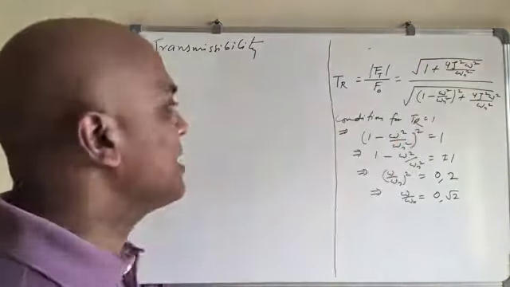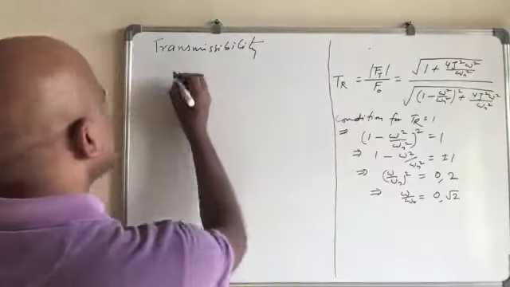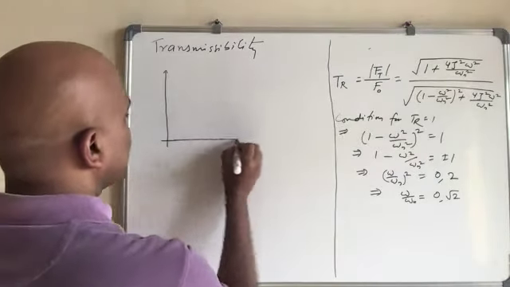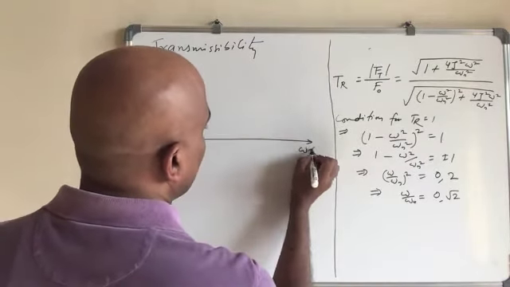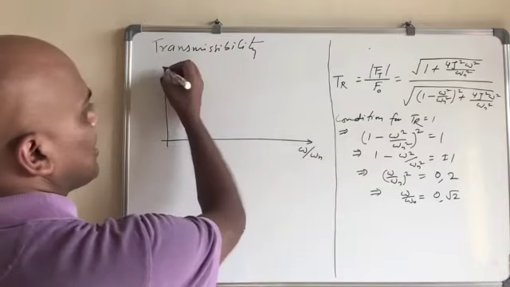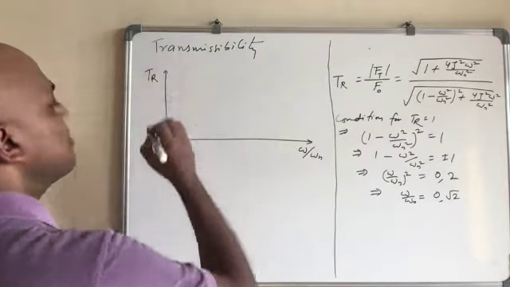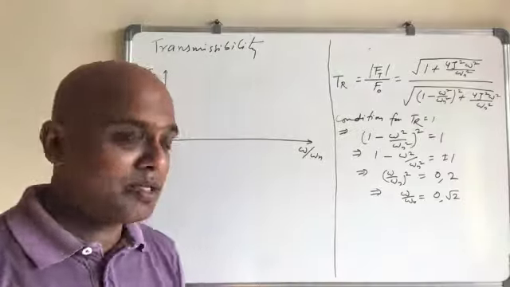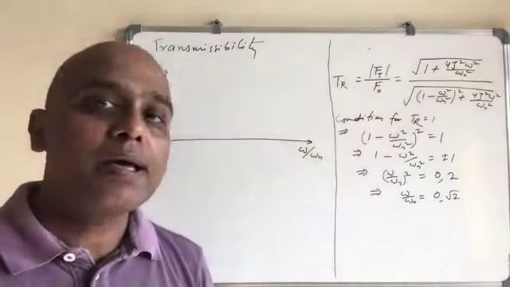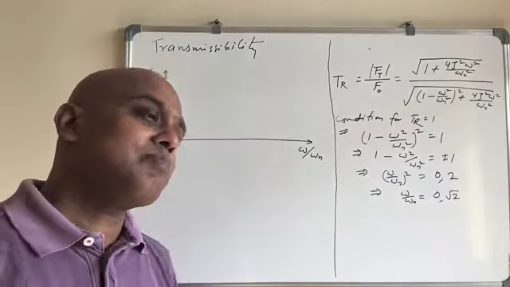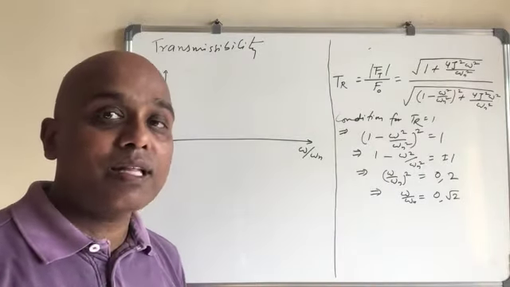Both are magnitudes. Let us say we want to plot in terms of omega over omega n, and here is TR. So this gives some idea basically. From there we can also find out some parameters for a good vibration isolation device or the engine mount.